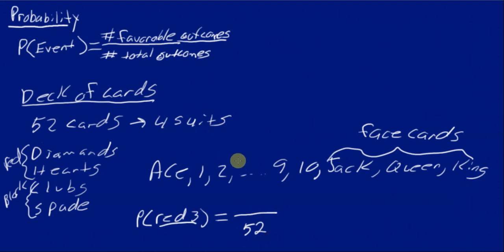Each one of those has a 3. So that would be 2 out of 52. Must reduce that. 1 out of 26, which would be 0.0385. Go up 4 decimal places and round properly, please. And that would be 3.85%.